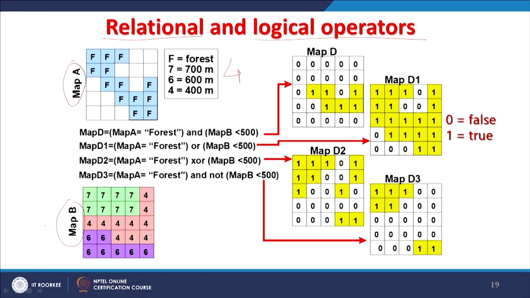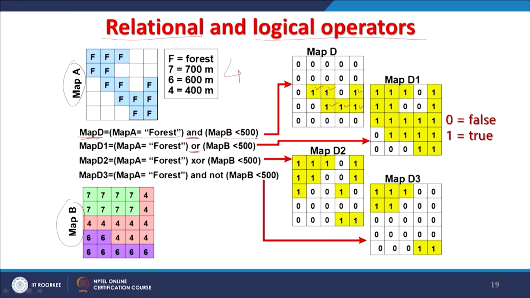The first condition is the new output map D, where map A equals forest, the operator is AND intersection, and map B is less than 500. If these two conditions are satisfied, then it would be true, otherwise it would be false. Only where you see 1, the conditions are satisfied.